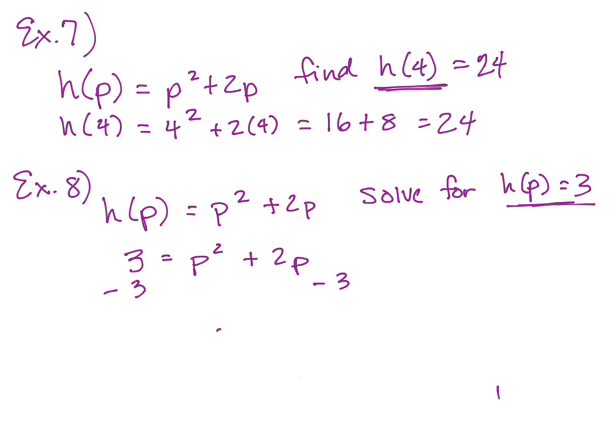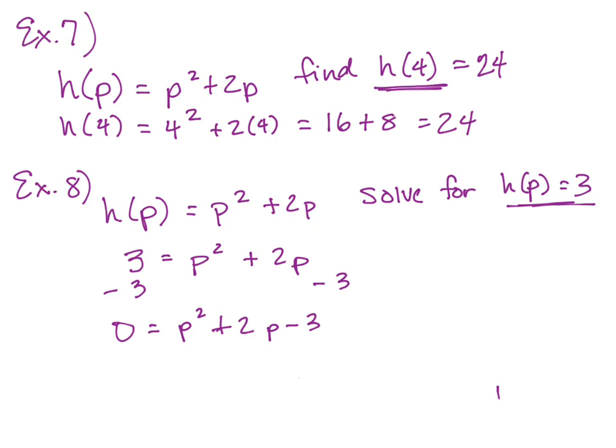So what you got here? p squared plus 2p minus 3 equals 0. Resist the urge when you see a quadratic equation to start trying to factor out a p and do some weird stuff. It's not going to work for you. Your move here is set it equal to 0 and then either try to factor it, go into the quadratic formula, or graph it. Y'all don't know how to do that yet, but.